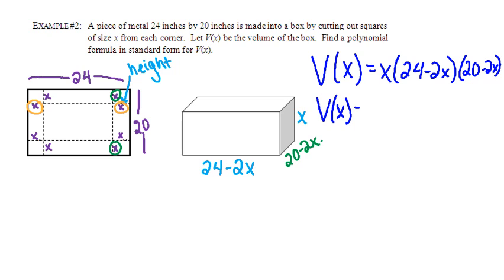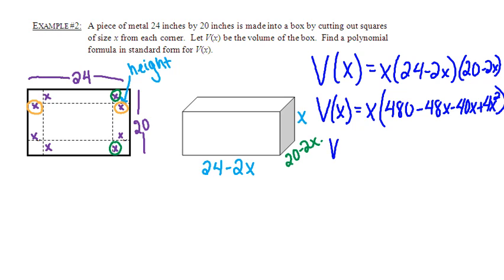For my v of x polynomial, I'm going to multiply the x in last and do my 2 binomials first. 24 times 20 is going to be 480. Then 24 times negative 2x is minus 48x, minus 40x. And then negative 2x times negative 2x gives me a positive 4x squared.